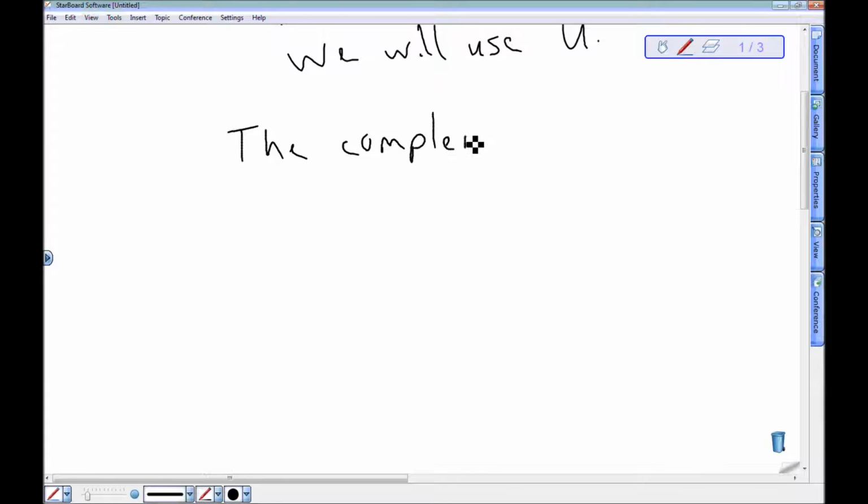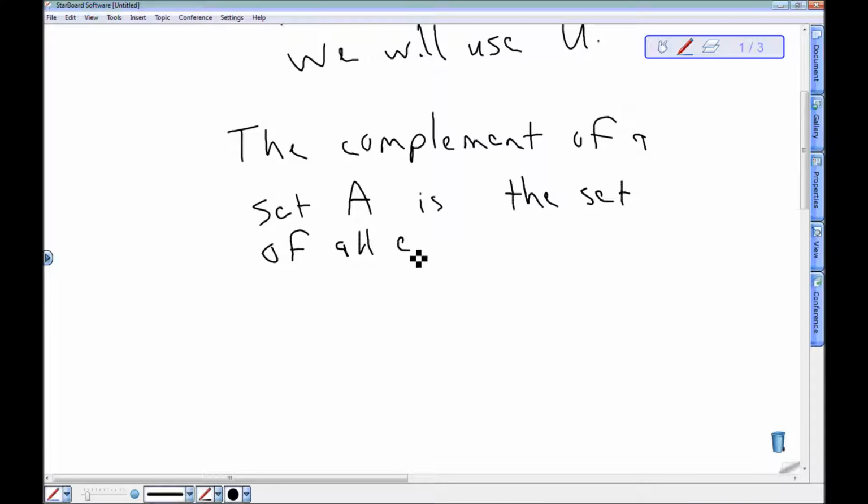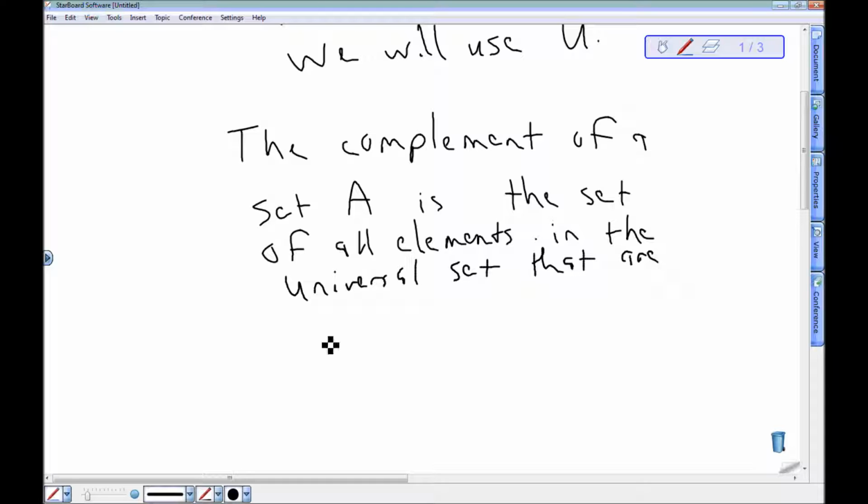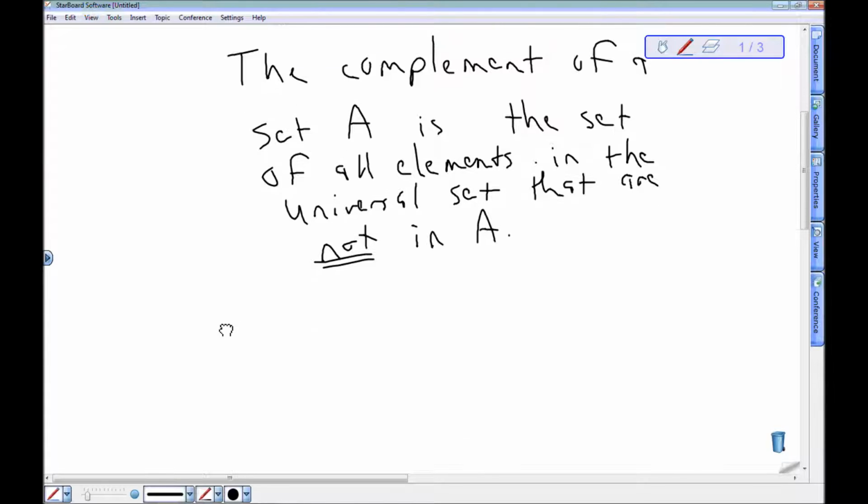So the complement of a set A is the set of all elements in the universal set that are not in A. Okay, this is everybody except the elements in A, is A complement, or the complement of A.